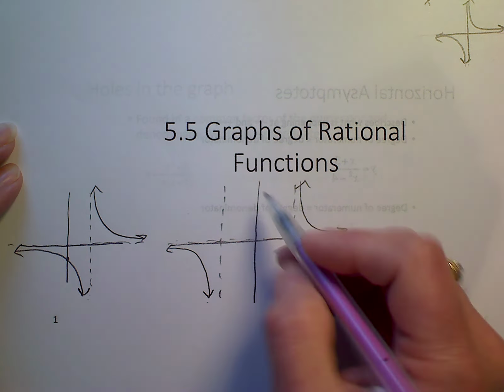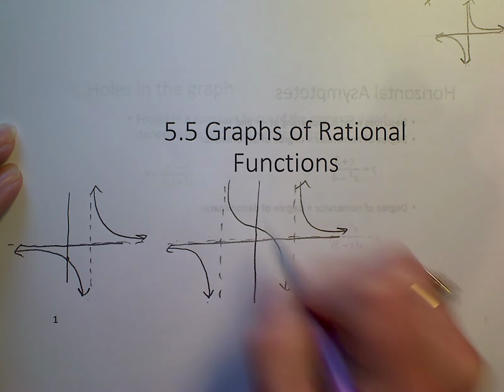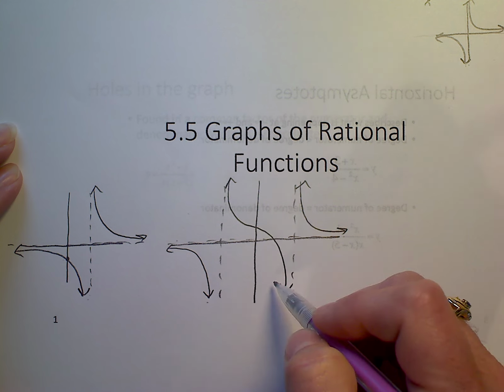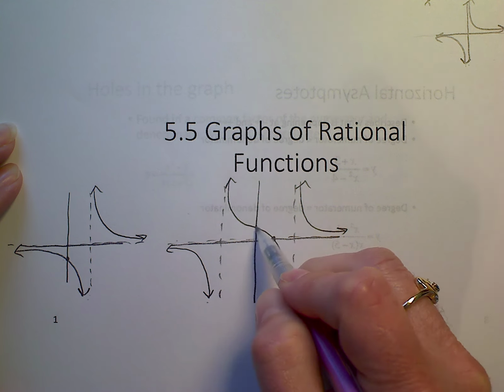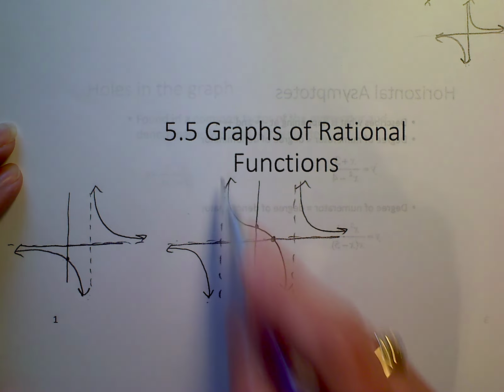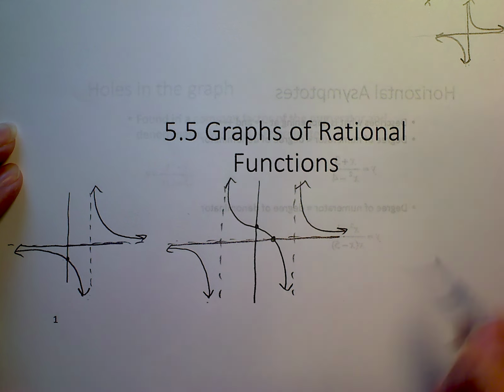One of them looks a little bit like a cubic function. Remember our x cubed has a propeller look to it? Then I have an x-intercept and a y-intercept, but I have 3 curves because I cut it twice with the asymptotes, okay?